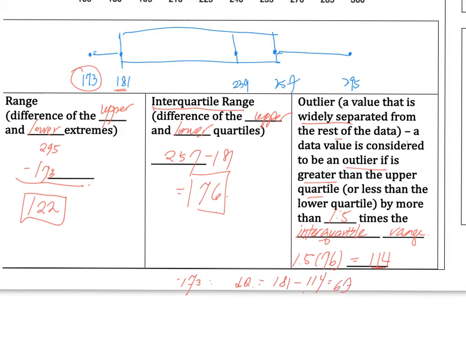But 173 here is greater than 67. If this number were smaller than 67, it would be considered an outlier. So 173 is not an outlier.